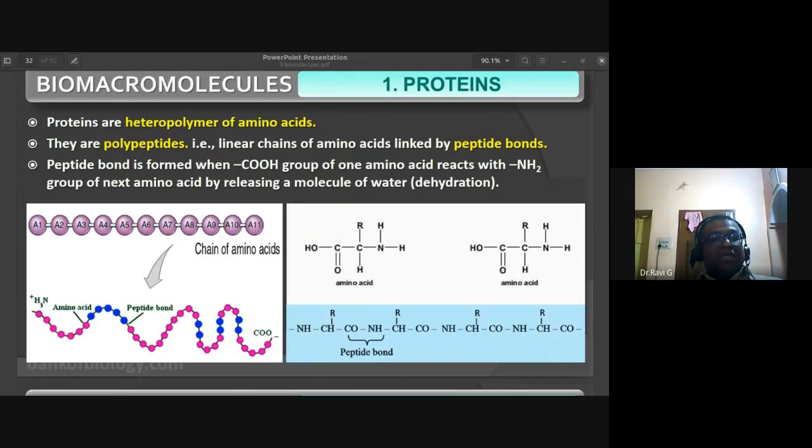So now we'll discuss the first biomacromolecule, proteins.